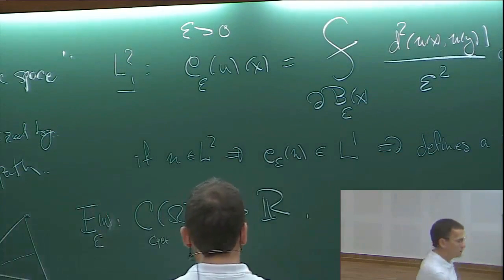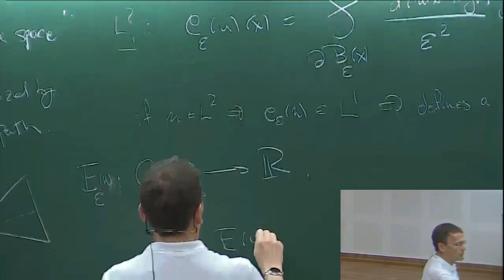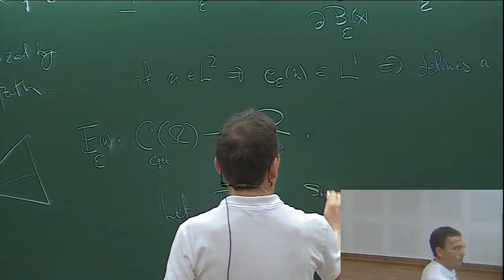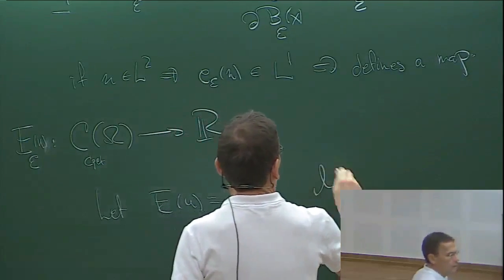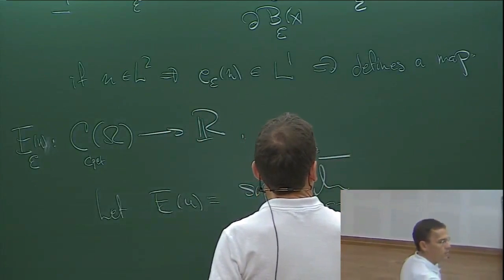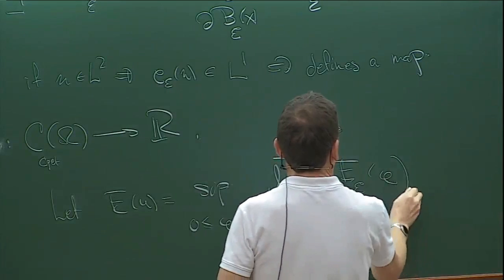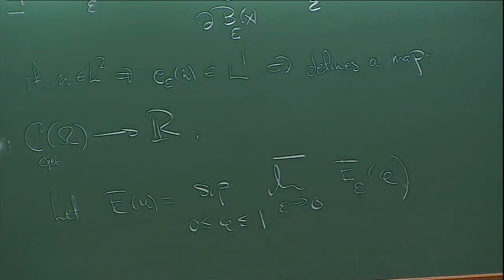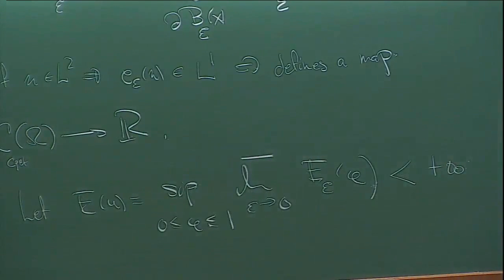And so then the idea is that we let E(u) be the sup over all functions phi of the lim sup as epsilon goes to 0 of E epsilon evaluated on phi. Of course that could be infinite. And when it's not infinite, then we say that u has finite energy.